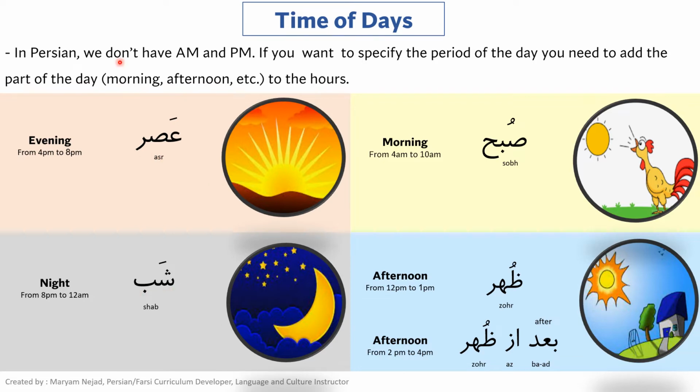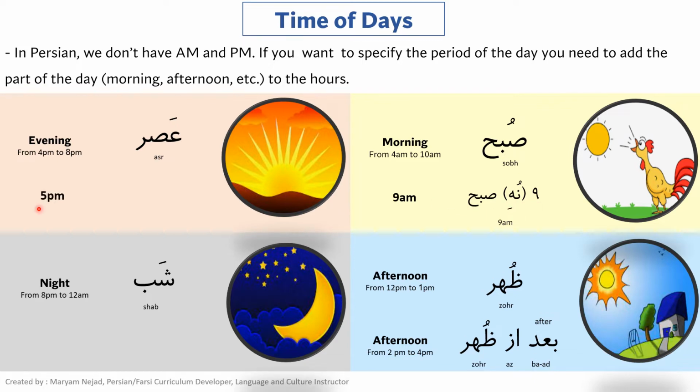Another thing you need to know is that in Persian we don't have AM and PM. For example, if you want to say 9 AM, we say noh, which is 9, and then we add an ezafe after the number: noh-e sobh.